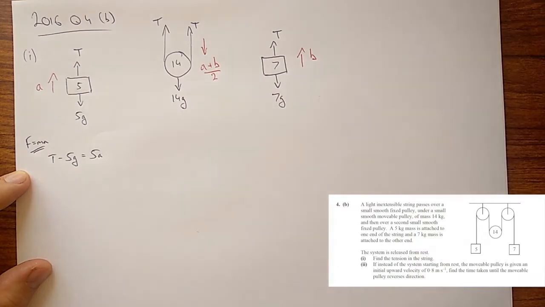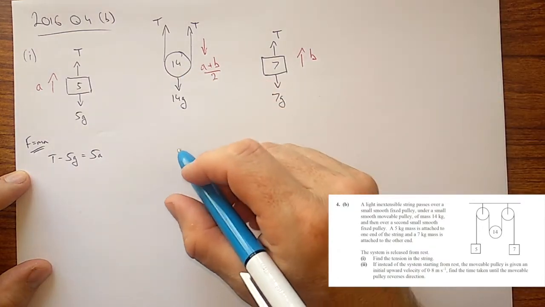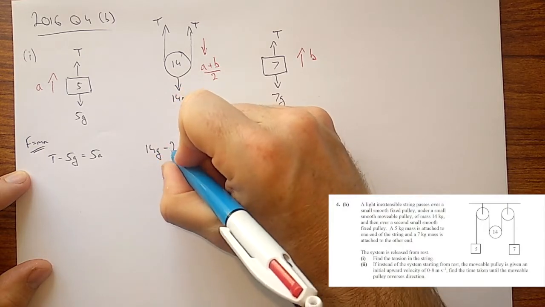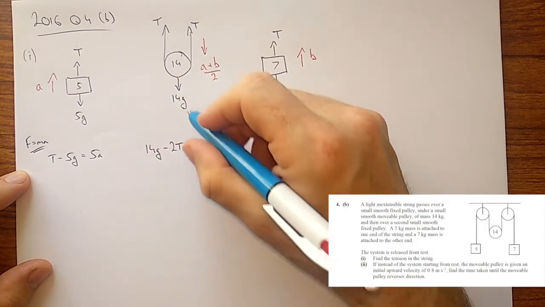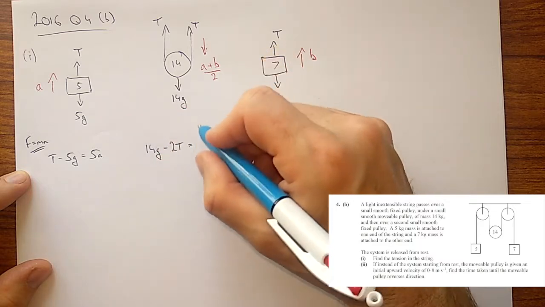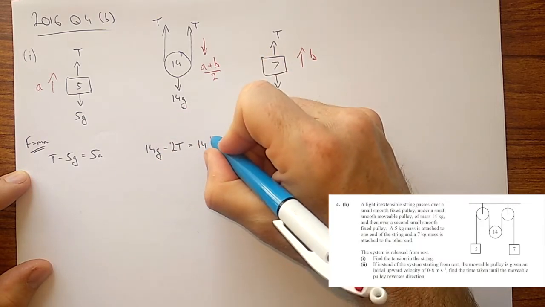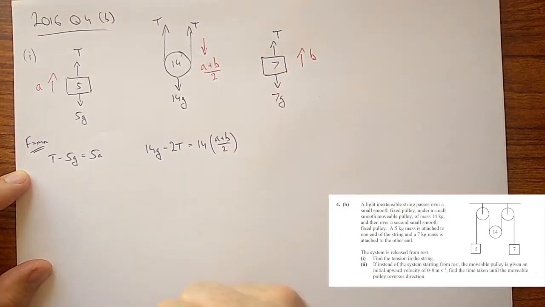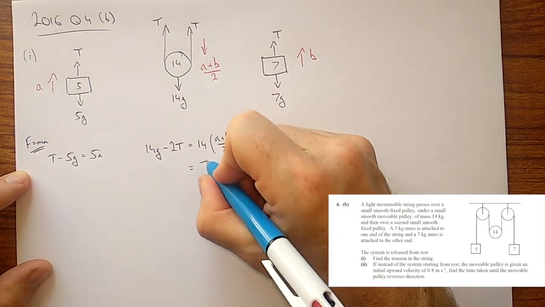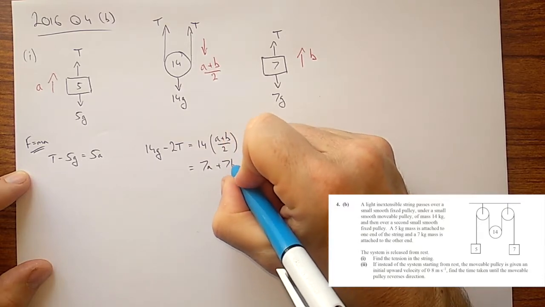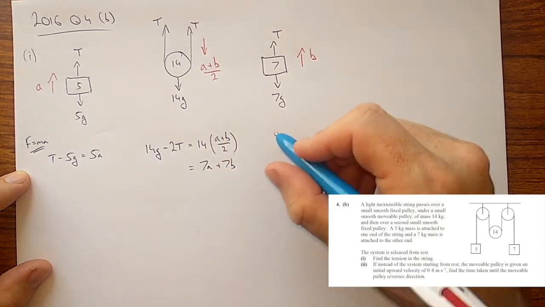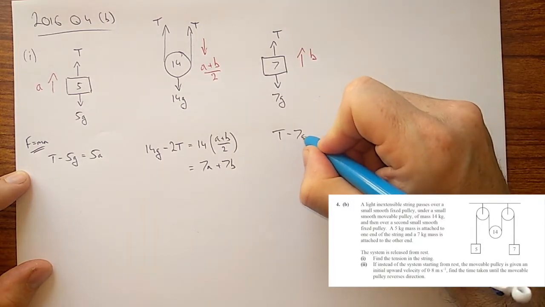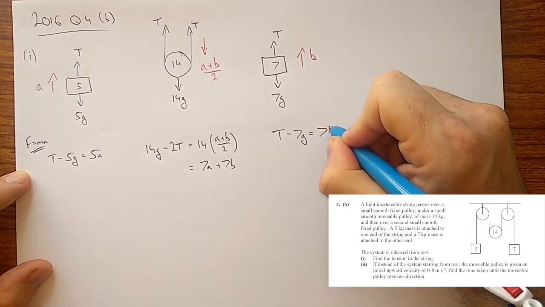This guy here is a little bit funkier, but we will say 14g minus 2T equals mass times acceleration, so 14 times (a plus b) over 2, and that's going to equal 7a plus 7b. Now on this one here, we think we're going up, so T minus 7g equals 7b.